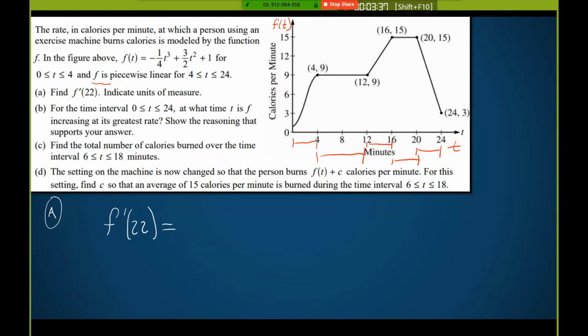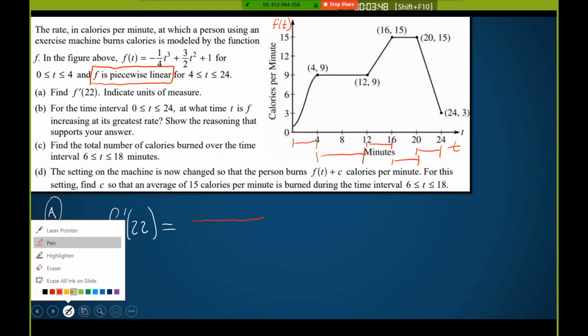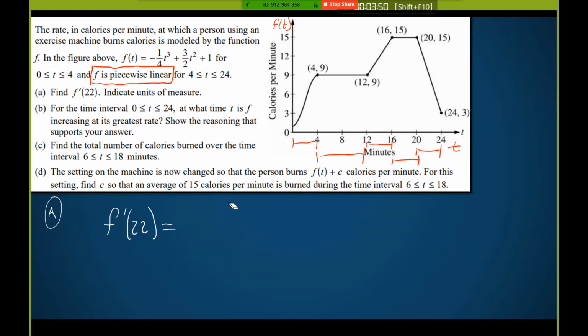Find the slope between a... Okay, I heard you say it, I think. So we need to find the slope. How can I get the slope of this line?